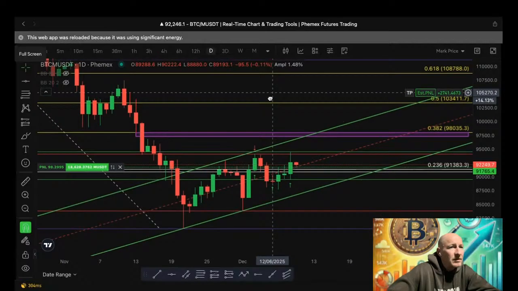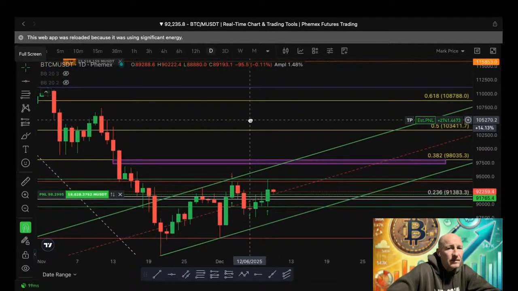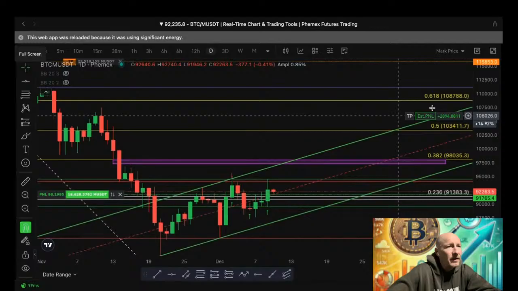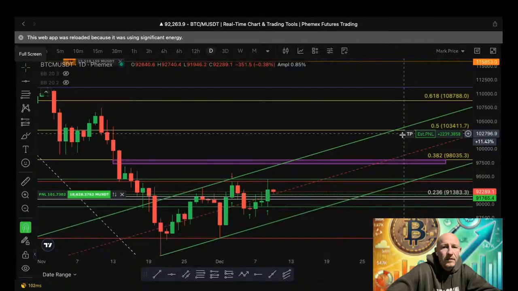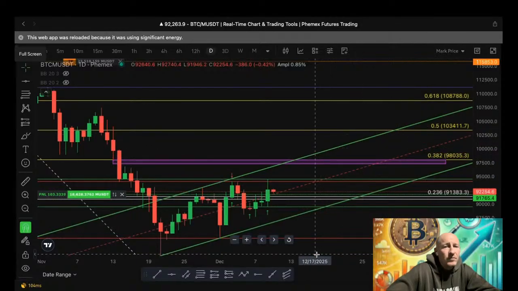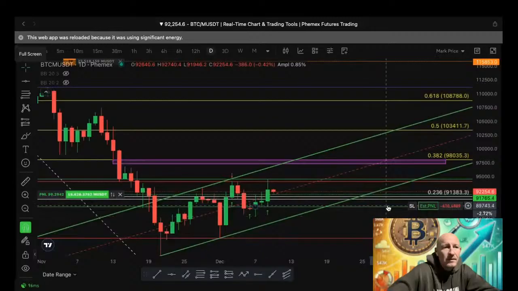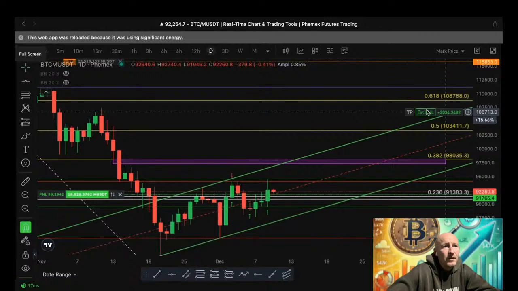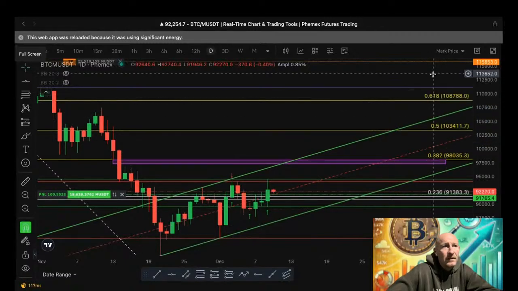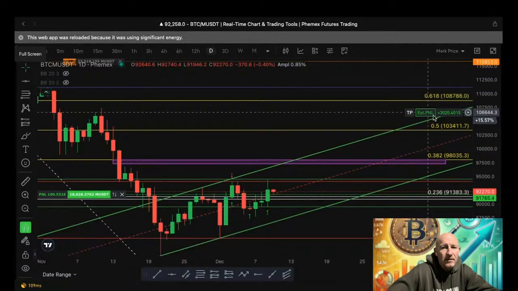So I might as well just explain it since we're here. See these numbers right here? Those are the Fibonacci sequence. So you got your 0.236, your 0.382, your 0.5, and your 0.618.